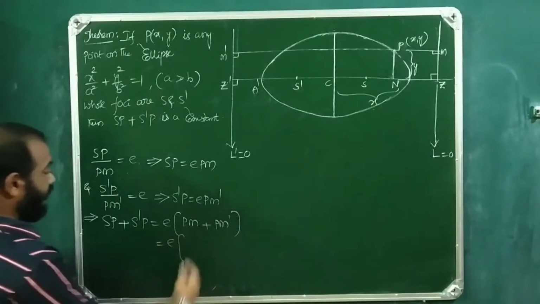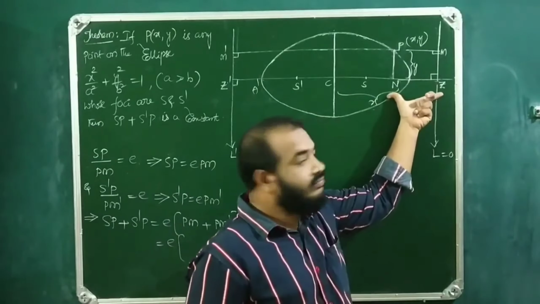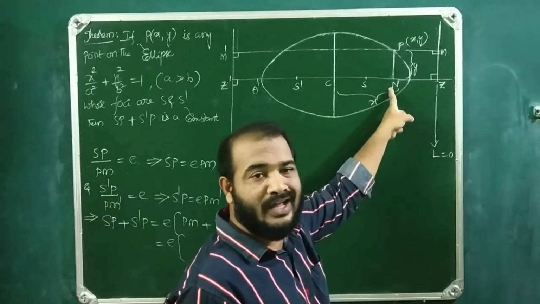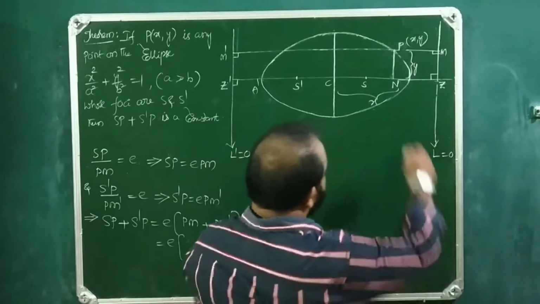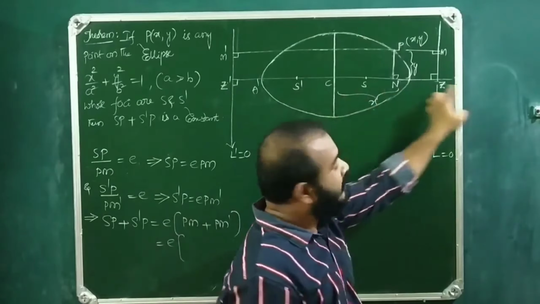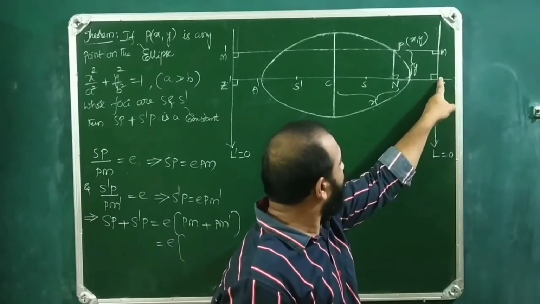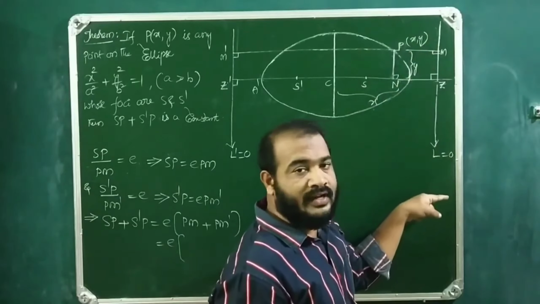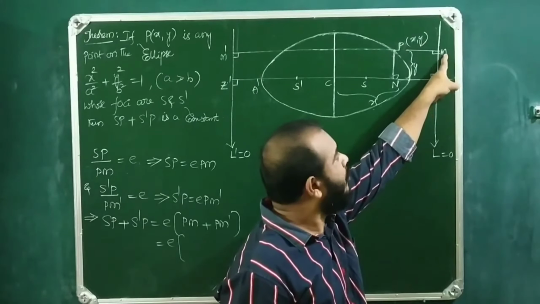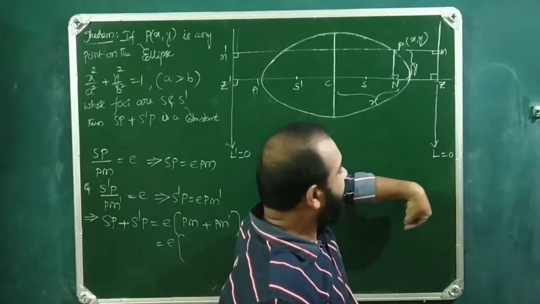So e into PM, where PM is equal to NZ, because PMZN constitute a rectangle. N is the projection of P on the major axis, Z is the foot of the directrix of S, and M is the perpendicular from P onto the directrix.